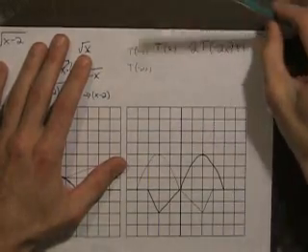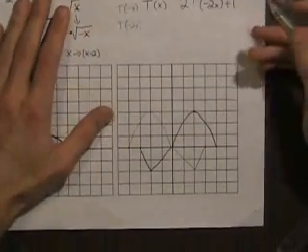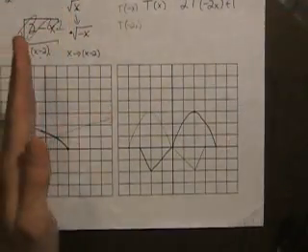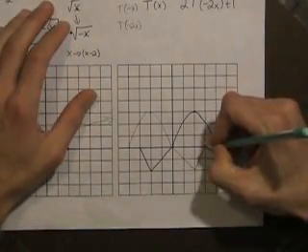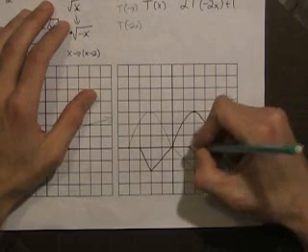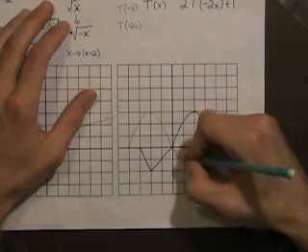So what does that do? Replacing x with 2x means x has to be half of what it used to be to give you the same output, so it's going to squish it in by a factor of 2. So what used to be 3 will now be 1.5. And what used to be 2 will now be 1. So that's going to look like this.